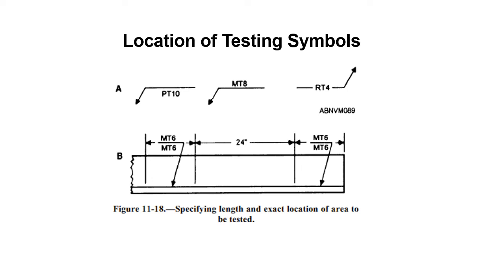So they want both sides done, but they just want that section done. And then that 24 inches in between, they don't want anything, and then they want the 6 inches done on the end there. So these symbols can be used to specify the exact length and location of areas to be tested.